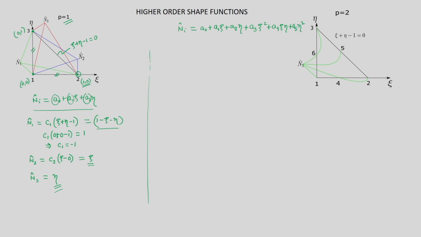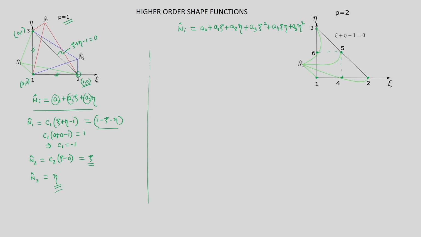So, starting from A0 to A5 we have 6 unknowns. So we have to define the value of Ni hat at 6 points on the element. Apart from the vertices 1, 2 and 3, we have taken the midpoints of each of the sides, that is 4, 5 and 6. Alright. So in this case we now have 6 nodes where phi I or Ni will be defined.